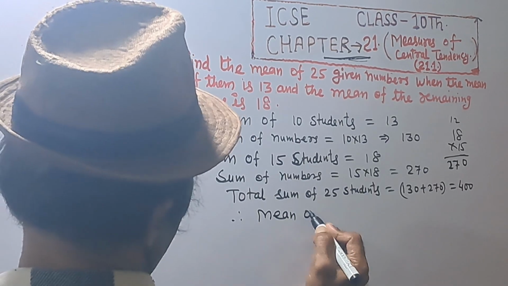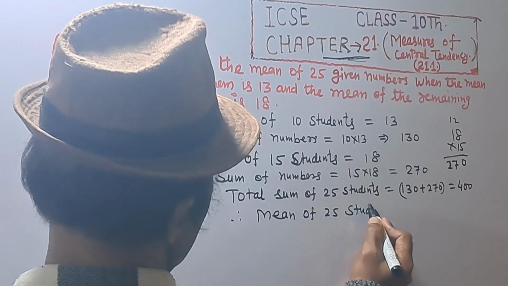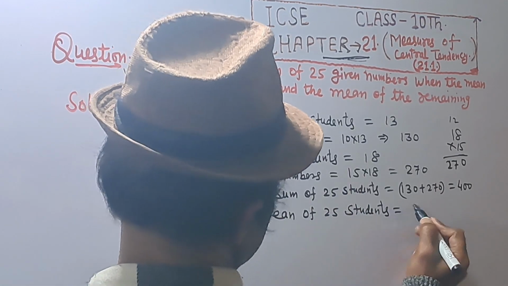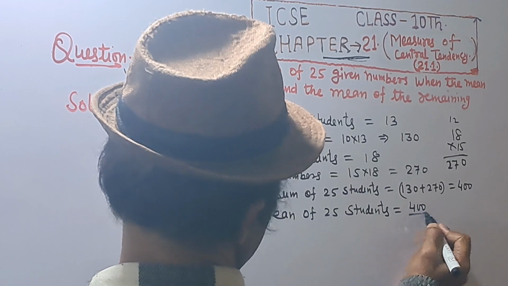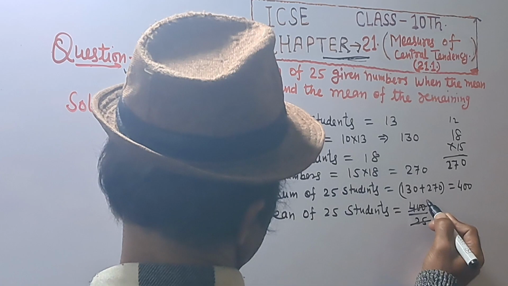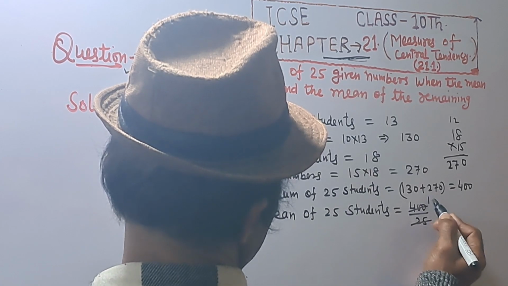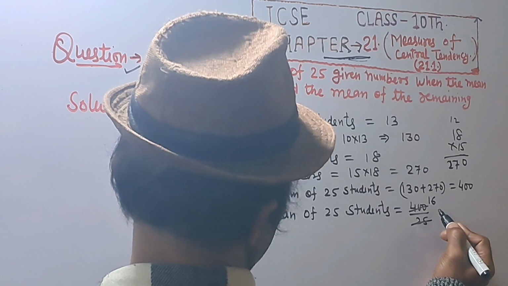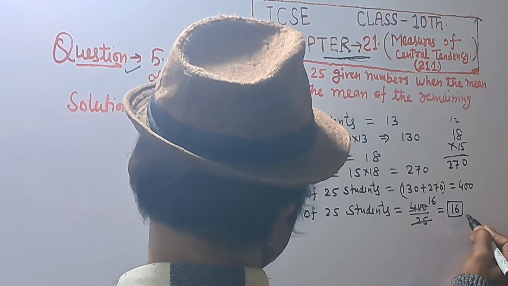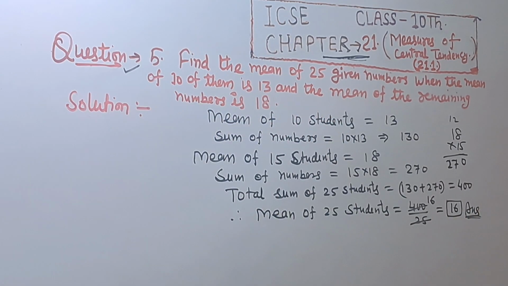So mean of 25 students is equal to 400 divided by 25. That is 25 16s are 400, equal to 16. Answer.